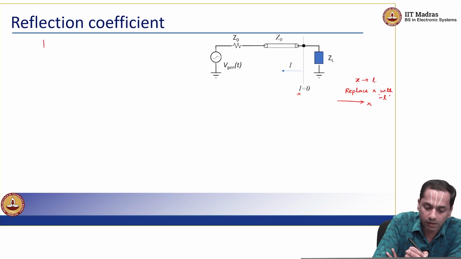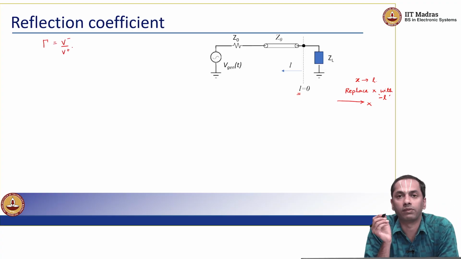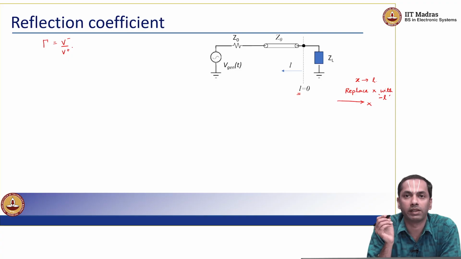So if you remember from the time domain analysis, we had introduced the reflection coefficient gamma, which was V minus by V plus, right. So there it was a voltage at a particular location as a function of time. So at any instant of time, the reflection coefficient was V minus by V plus.